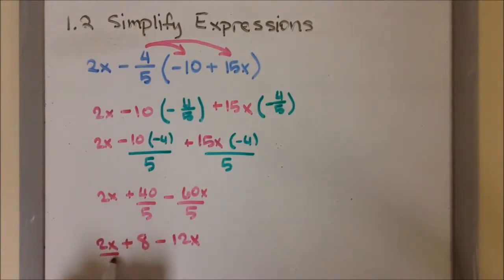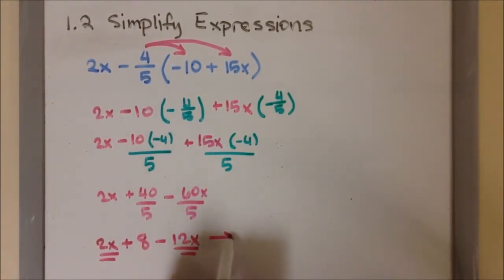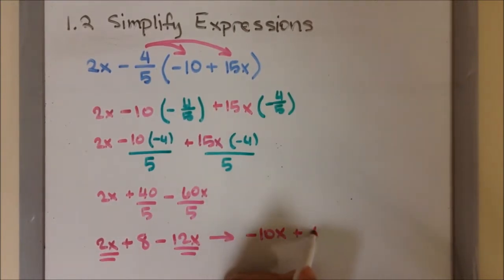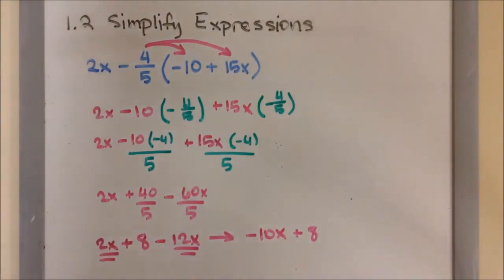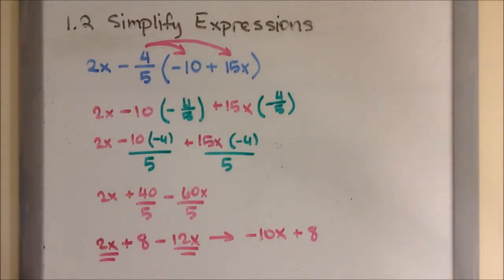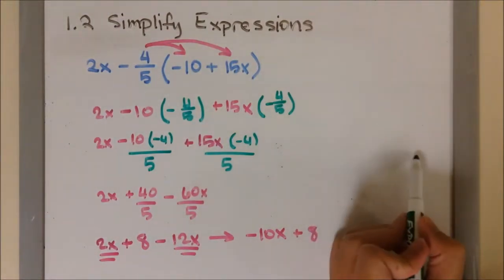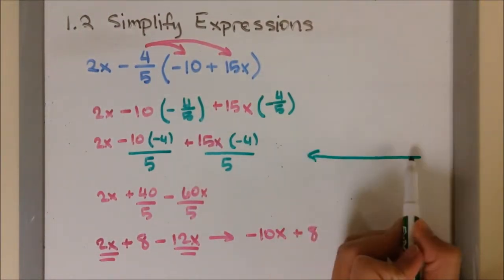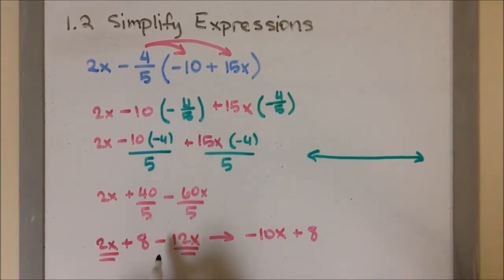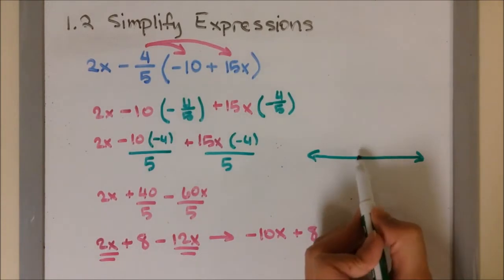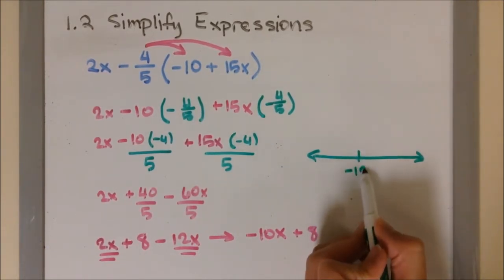Next, I'm going to combine like terms. We have multiple x's. So 2x minus 12x, that's going to become negative 10x and plus 8. Now if you have a question on how I got negative 10x, well, I did the number line in my head. So what I did was, here's my number line. Now usually I start with the bigger number, which is 12, so I'm going to put a negative 12 in the middle.